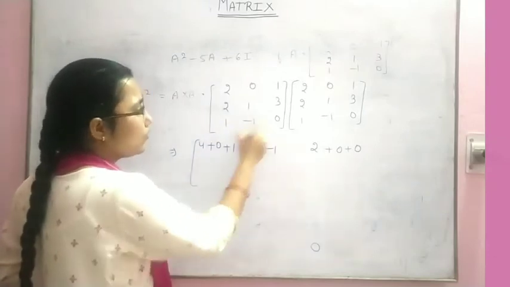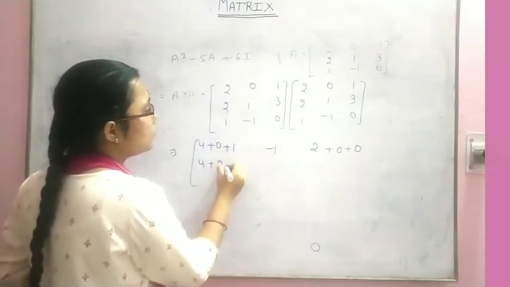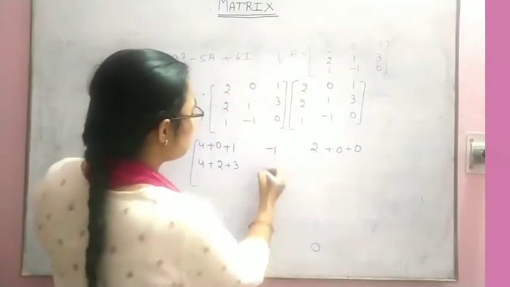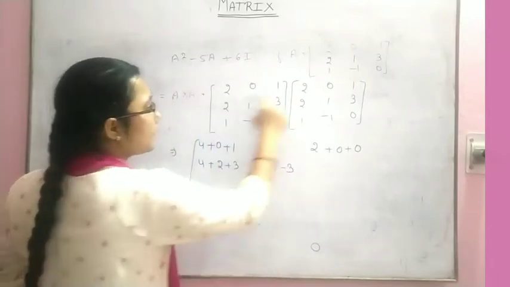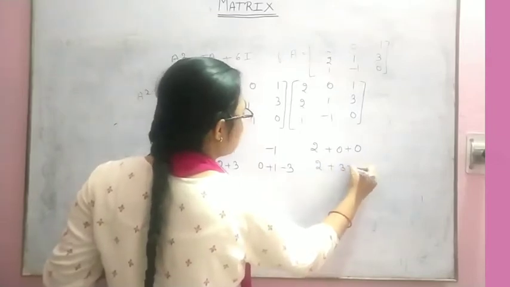Now second row, first column, 2 2s are 4, 1 2s are 2, and 3 1s are 3. Now again 2 zeros are 0 plus 1 minus 3. 2 plus 3 plus 0.